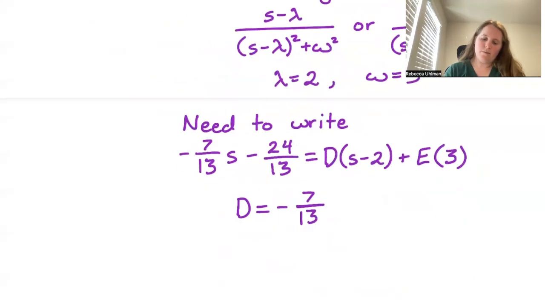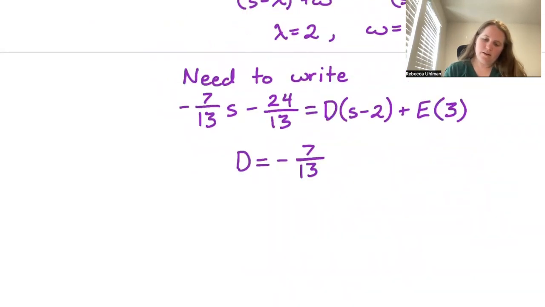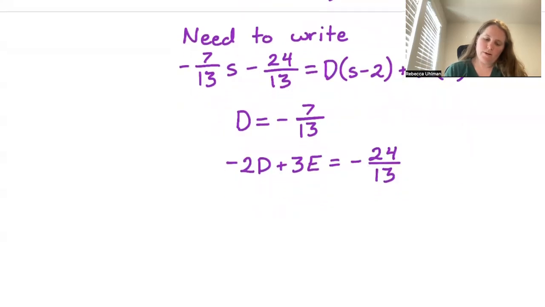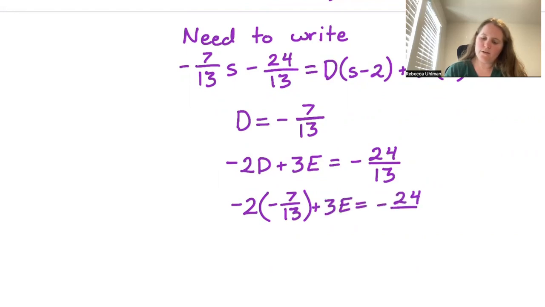And then we get that -2d plus 3e must equal that -24/13. So we have -2 multiplying -7/13 plus 3e should equal our -24/13.